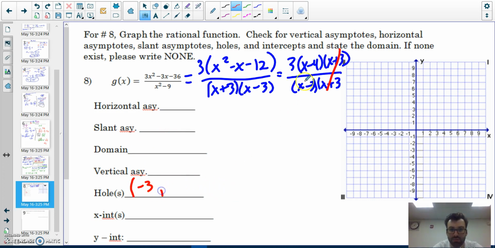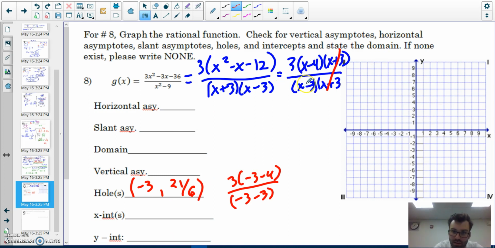Alright, that also tells me I'm going to have to substitute negative 3 in for x anywhere I see an x. Okay, and you should get 21 over 6. Alright, next thing, this is an x minus 3, right?